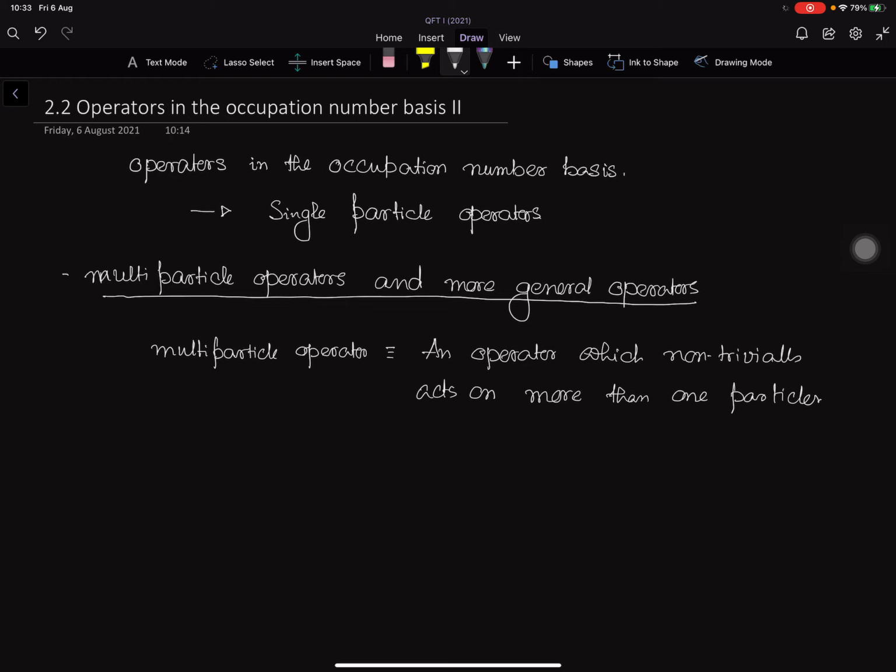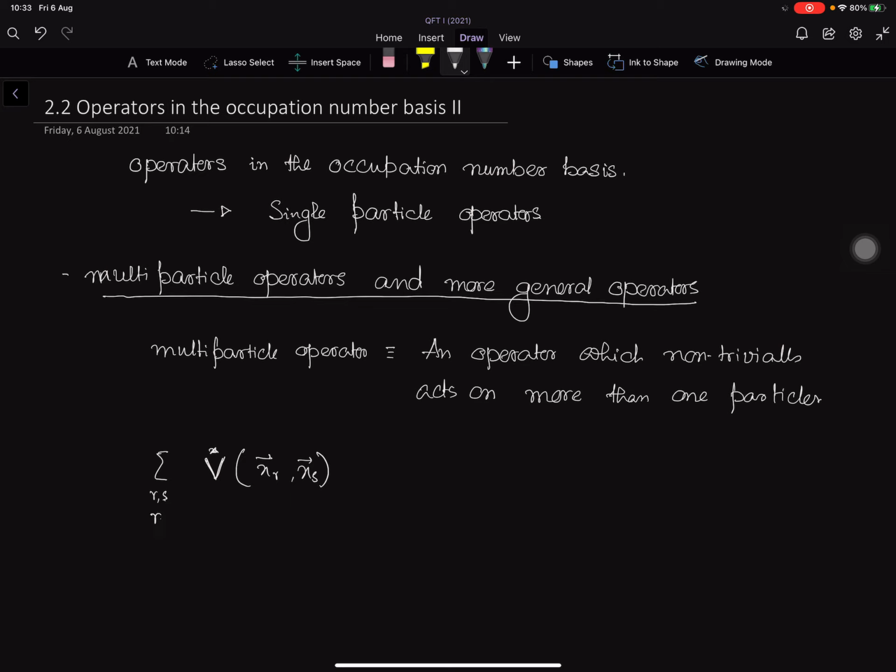So, for example, imagine if there is any potential which acts on both particles.